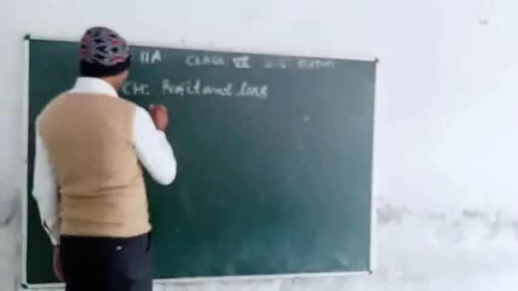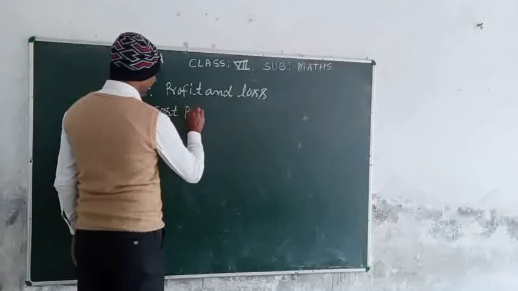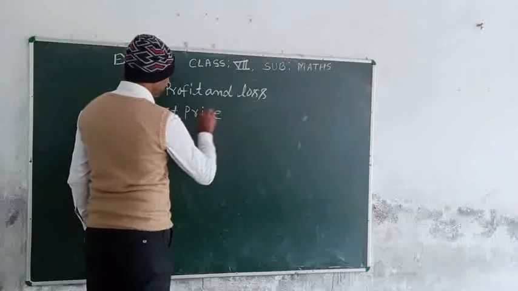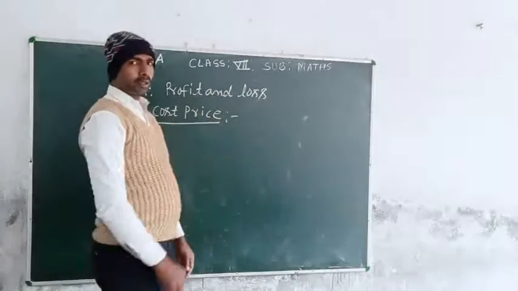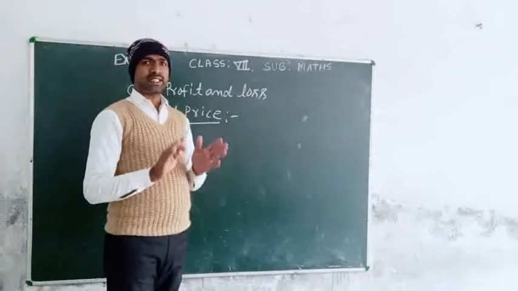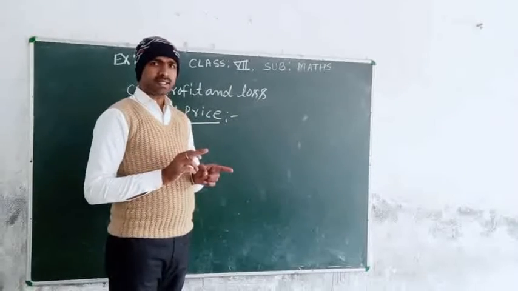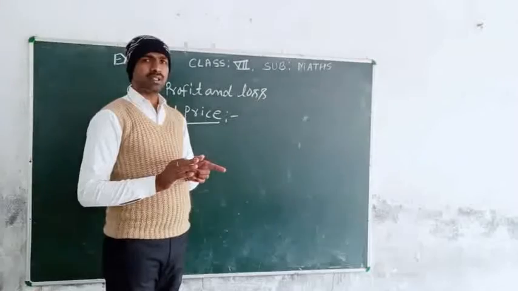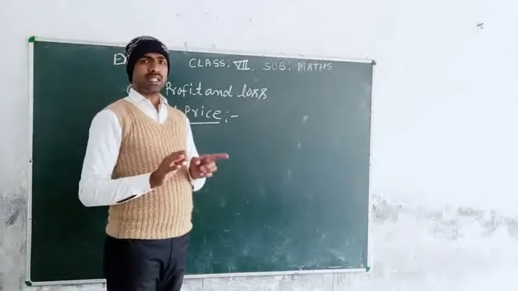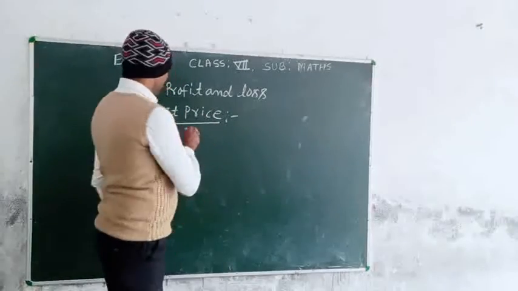First, cost price: the price at which things are purchased or bought is called cost price.